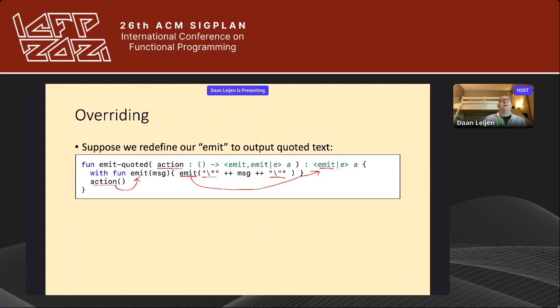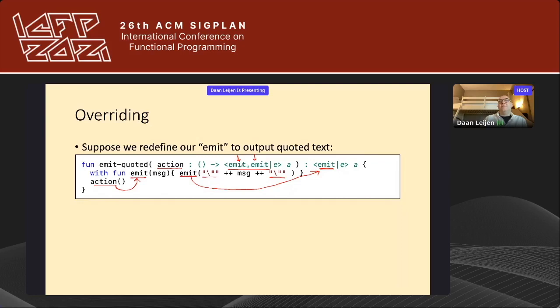So all its emits will now be quoted. So we're overriding it, and that's great, but the type doesn't look as nice as I want it to. Action still sees an innermost emit, this guy, and one outside of it, this guy that's provided by someone else, that's called here.